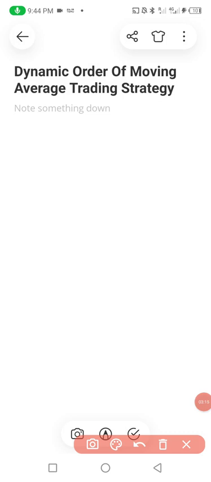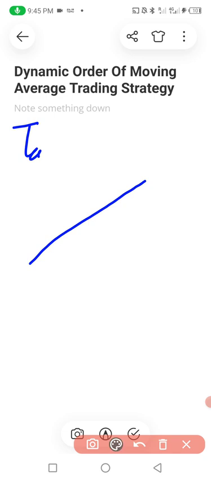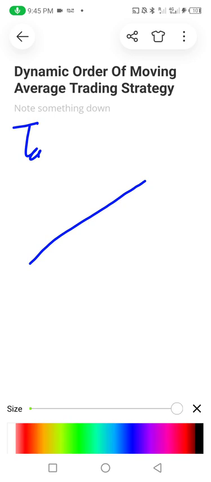Right here, let's have a moving average of a certain period. Let's be in a virtual time frame, TA, and then we have a moving average going like this. Let's change color. Then we have another moving average going like this.